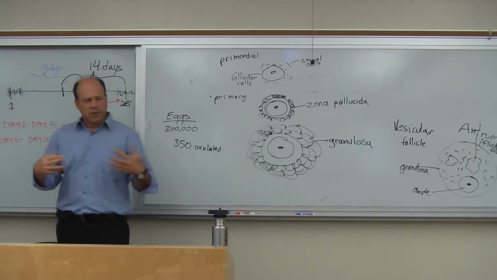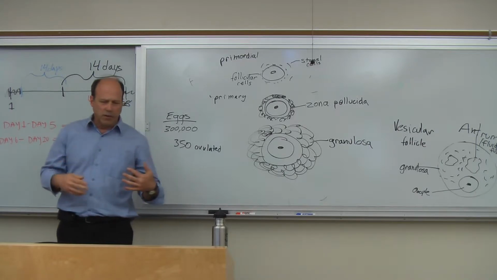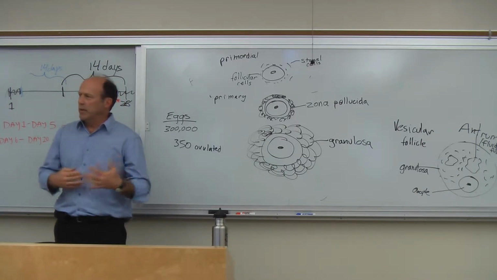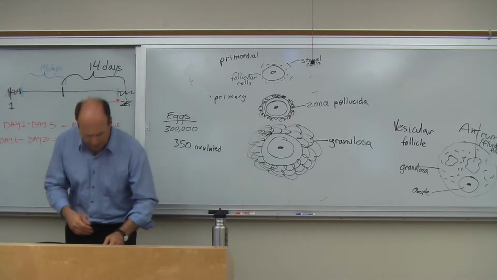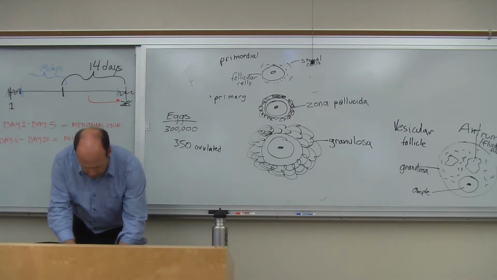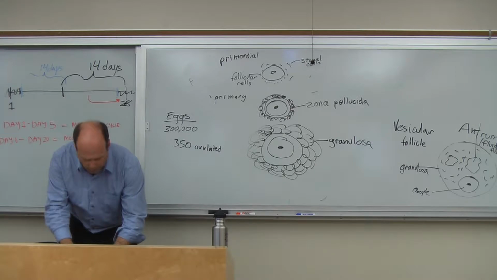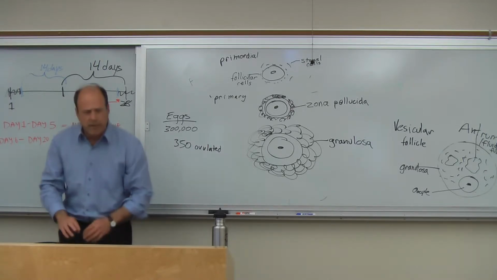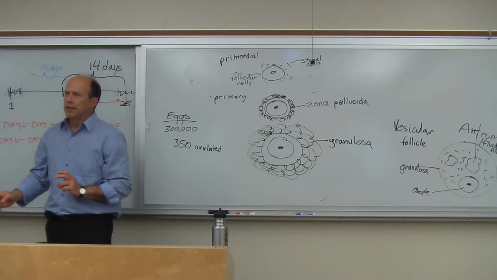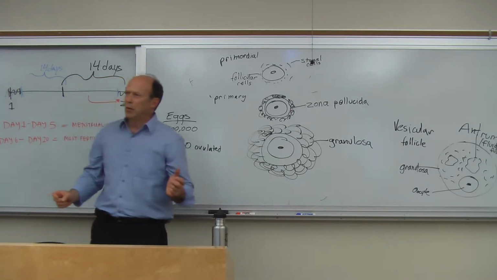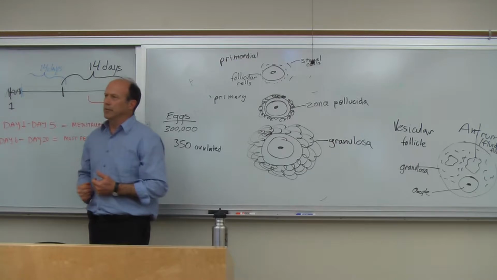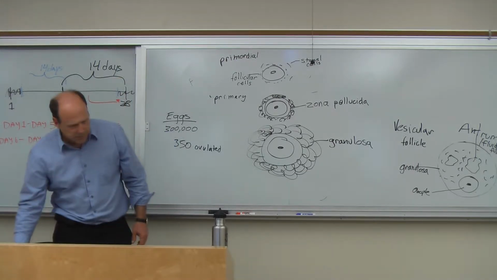So some of the follicles are going to start to mature, but only one of them is going to make it all the way, or in some cases 2, but typically 1. And with 2, there could also be a contribution from the other ovary, although there tends to be one dominant ovary, versus one of your ovaries being more active than the other ovary. It's kind of interesting.